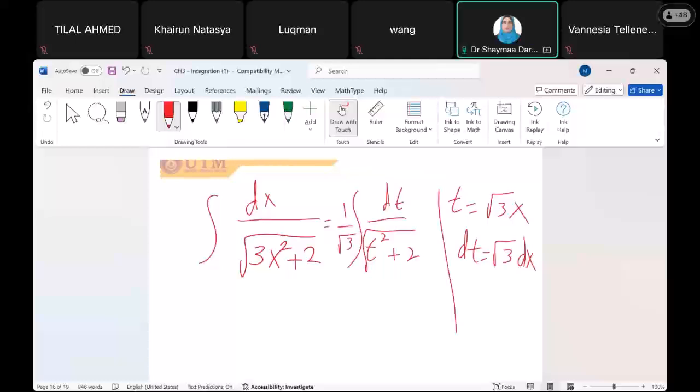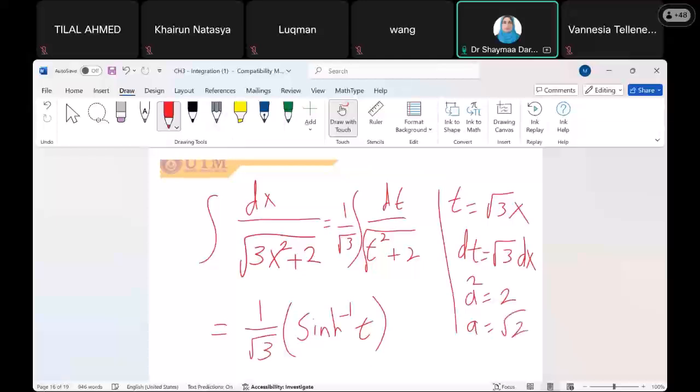dt over 1 square root of 3. Now we can apply the formulas. If we check back the formula, this is the formula of sine inverse t. But here a square is 2, then a itself is the square root of 2.